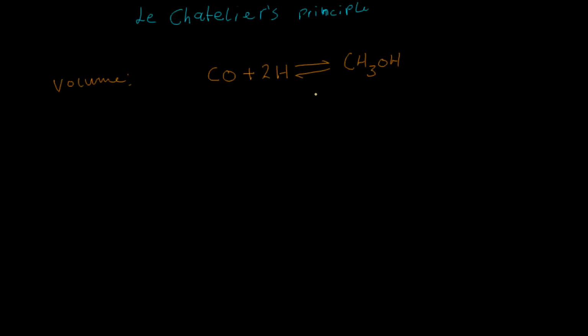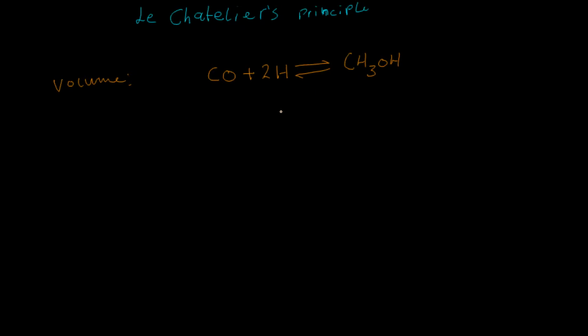Now if we were to decrease the volume, then the system will move to create more molecules to stabilize the pressure. If the volume were to increase, the reaction would move to the side which contained more molecules.